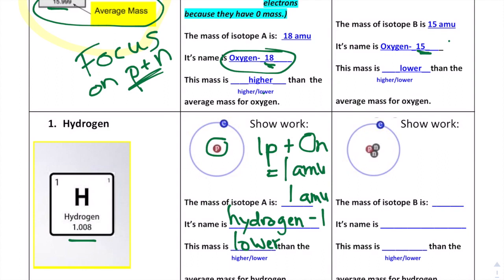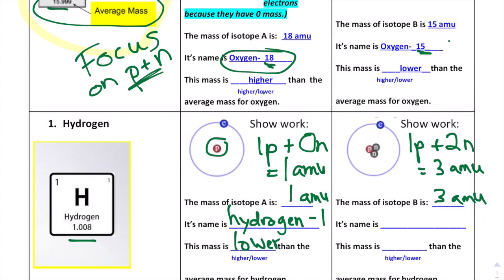Then on the next one, this is still hydrogen because it's still got one proton, but this time there are two N's there, two neutrons. So 1 plus 2 equals 3. The mass of this one is 3 AMU. So it's still hydrogen because one proton.